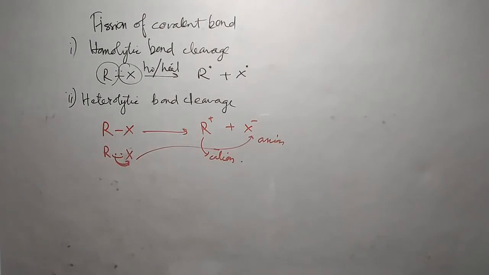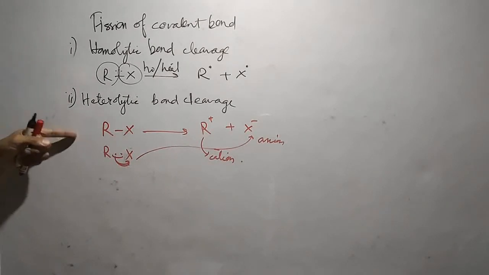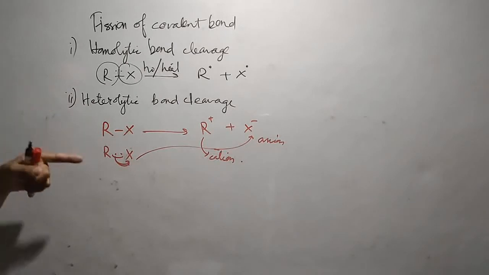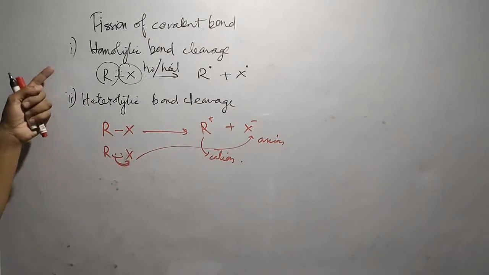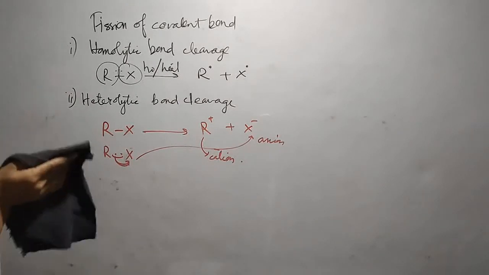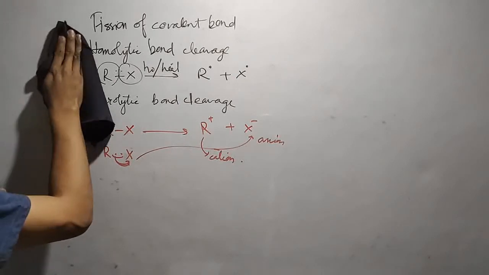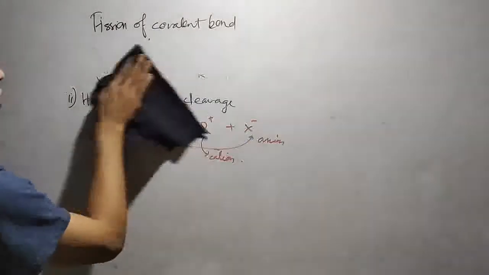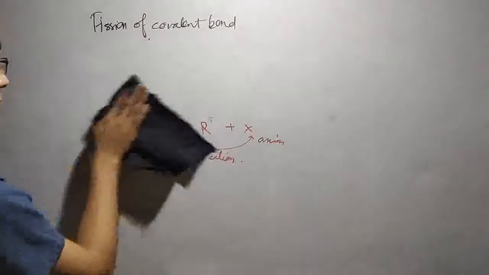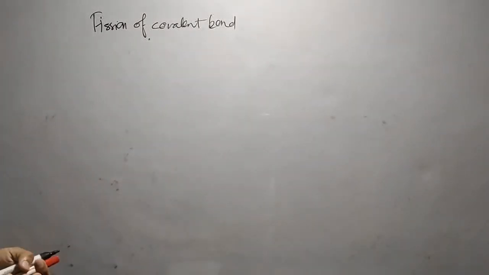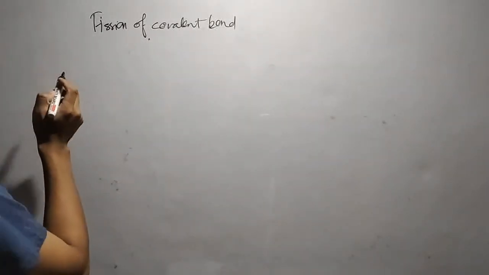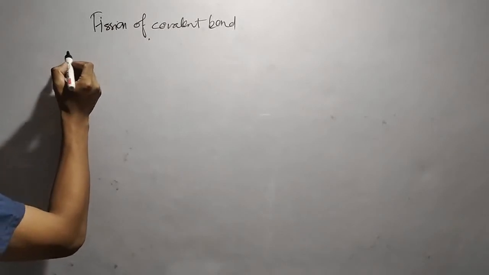Now let us see another example for this heterolytic bond cleavage. I hope you can differentiate between the homolytic bond cleavage and heterolytic bond cleavage now, isn't it? So let us see another example for heterolytic bond cleavage, that is formation of carbocation and carbanion.